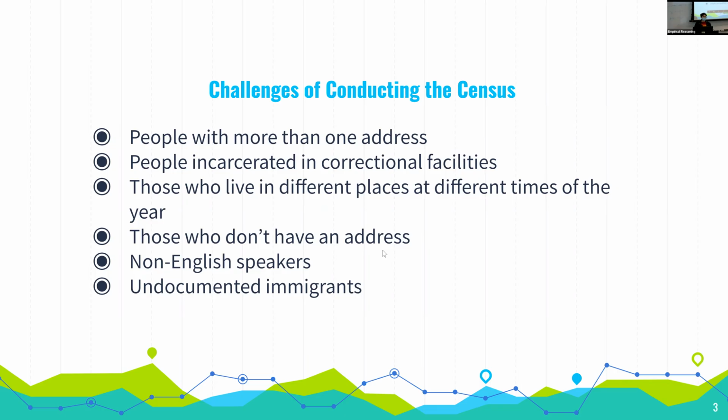Non-English speakers may have a challenge filling out the census, and undocumented immigrants might not feel comfortable. So there's a lot of politics associated with the census, and it's important to be aware of the limitations of this data, even though we often talk about it as if it's really infallible and super precise.